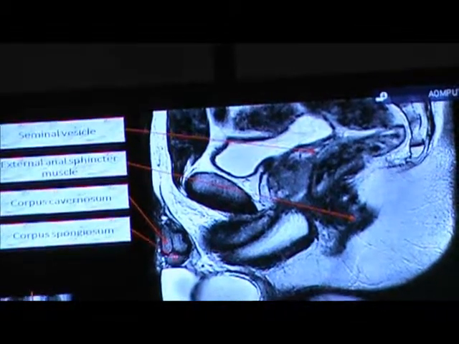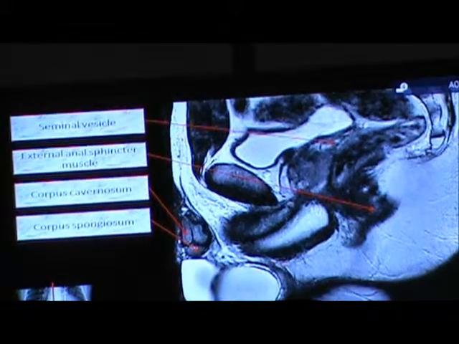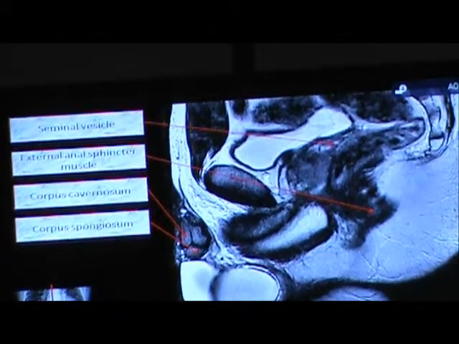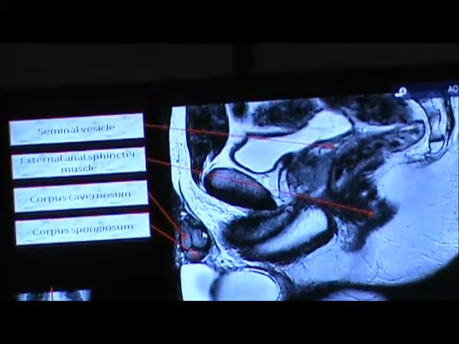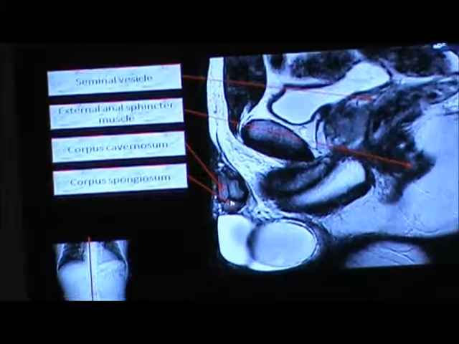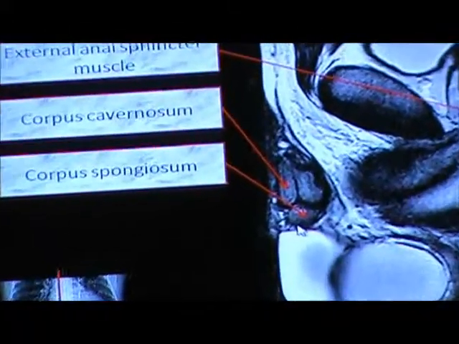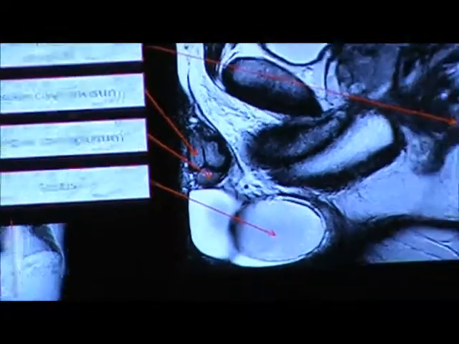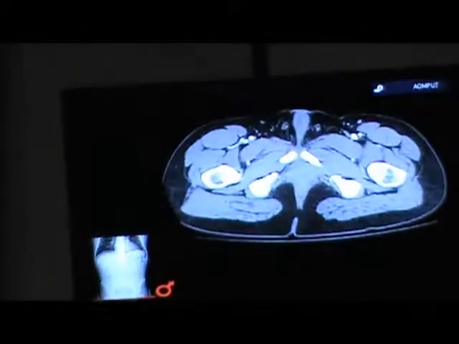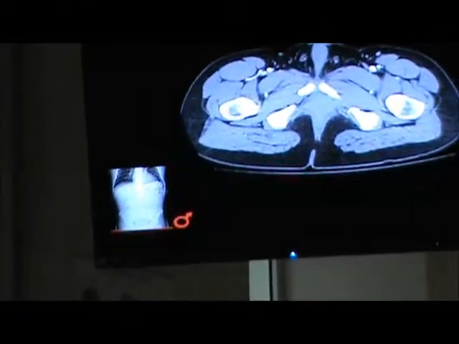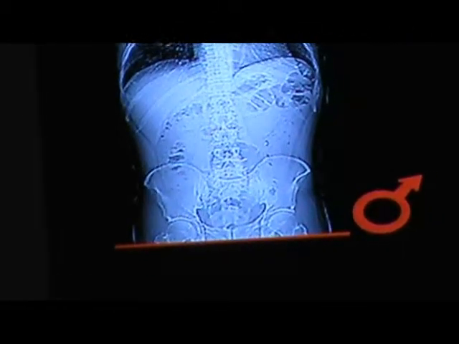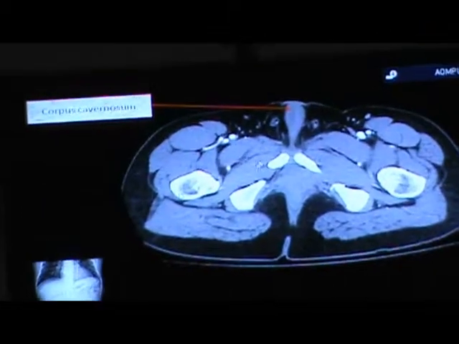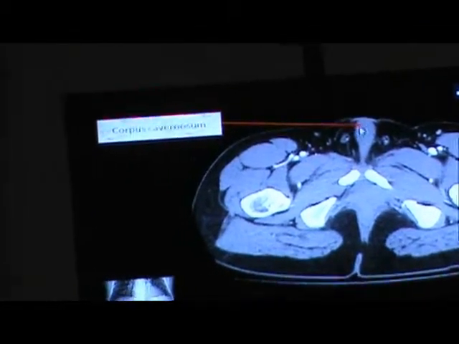And once again, the components of the penis. So we have a corpus cavernosum, left one is here, and the right one, and of course the unpaired corpus spongiosum. And knowing that we are a little to the right, we have also a right testis here. In the transverse scan through the male pelvis, you can see both left and right corpus cavernosum.